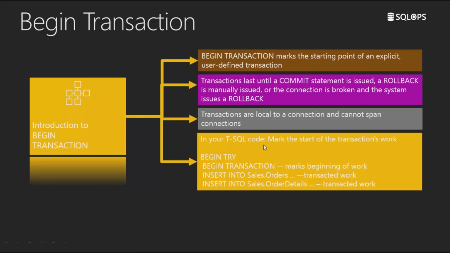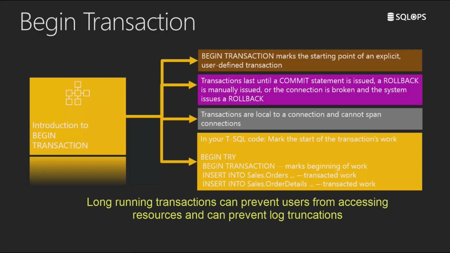This code here shows how to mark the start of a transaction's work. Begin transaction starts a local transaction for the connection issuing the statement. Depending on the current transaction isolation level settings, many resources acquired to support the Transact-SQL statements issued by the connection are locked by the transaction until it is completed with either a commit transaction or rollback transaction statement.